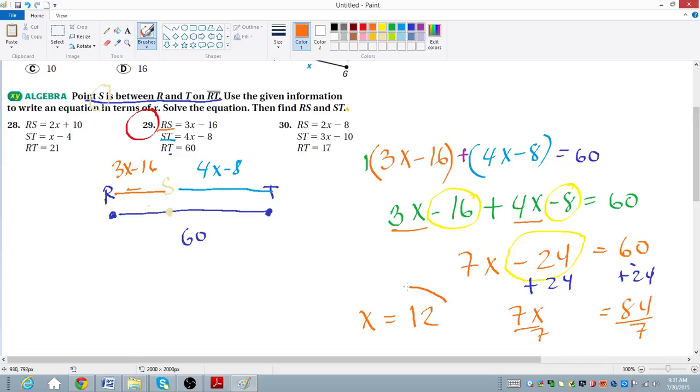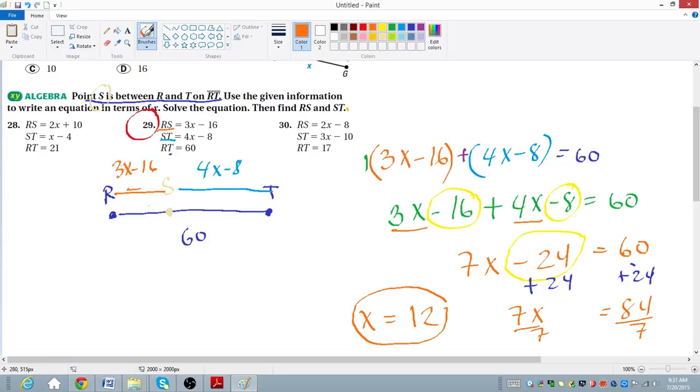So what does it mean that x is equal to 12? Well, wherever you see x, you're gonna plug it back into here, the x here, so that you could get the number for the length because that's what they're looking for.